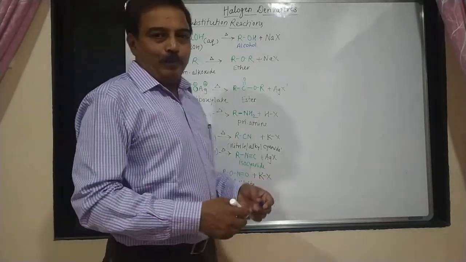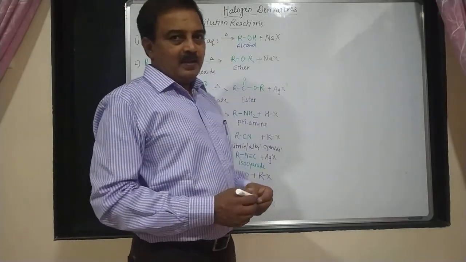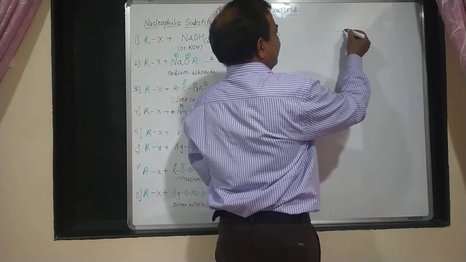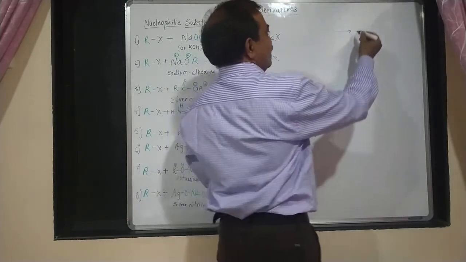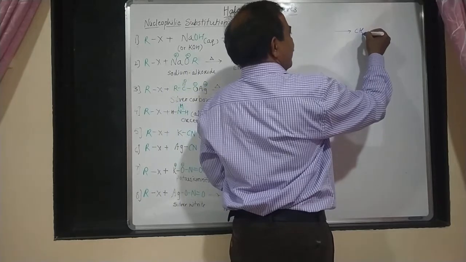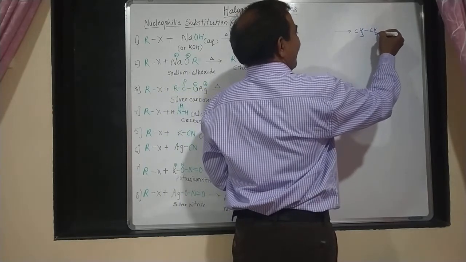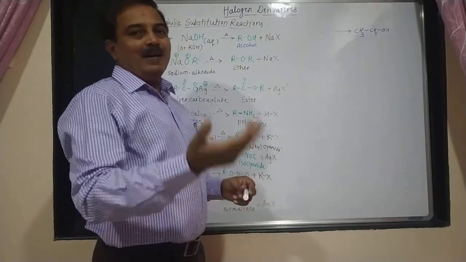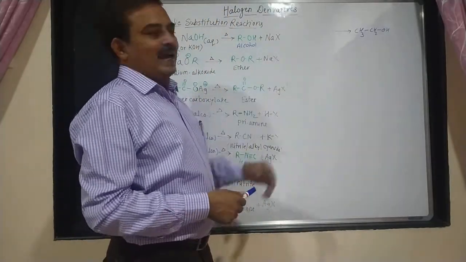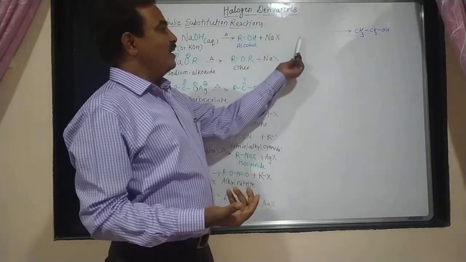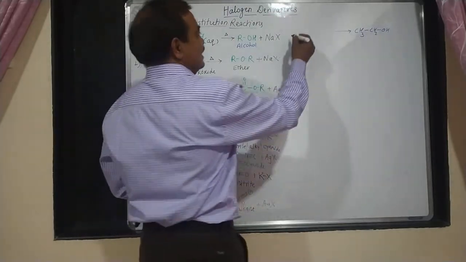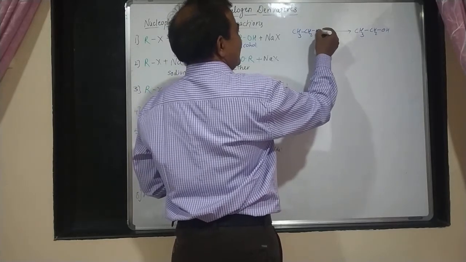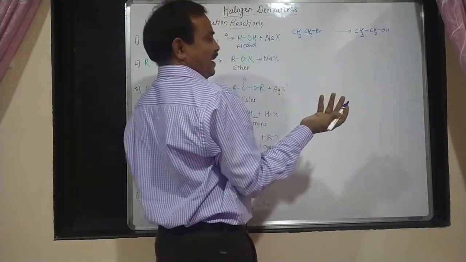Suppose I want to prepare ethyl alcohol from an alkyl halide. I will draw an arrow, and in front of the arrow I will draw the structure of the required alcohol. Immediately I will know which alkyl halide can be taken, that is ethyl halide. The structure of ethyl halide will be CH3CH2Br; you can take Cl, anyone you can take.